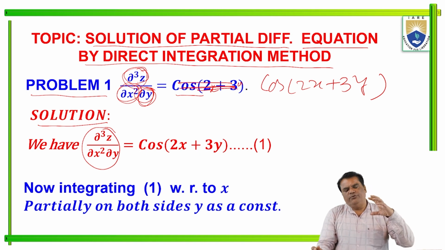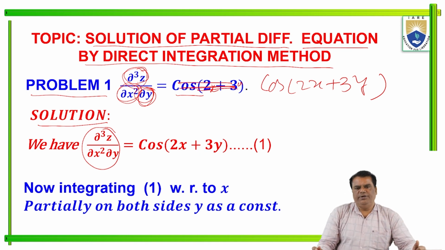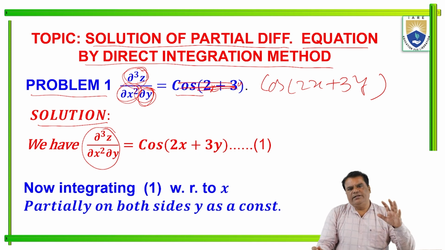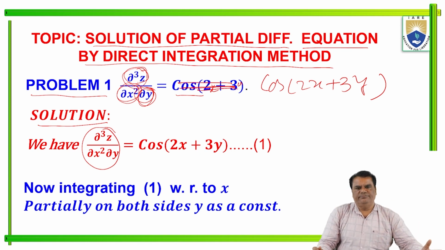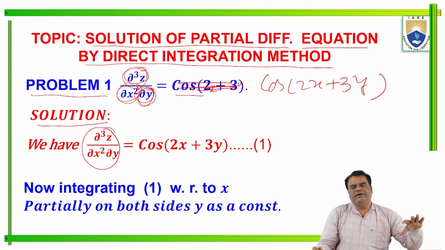So if we want to solve this differential equation, we integrate it 3 times because the order is 3. Every integration cancels one order of the partial differential equation. If there are 3 orders, then we integrate 3 times. Then the order is 0 and we get a function z.